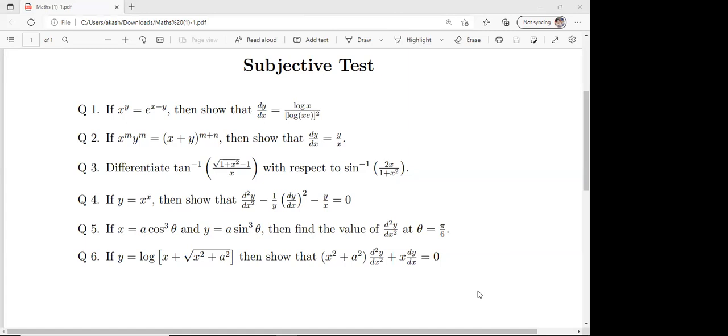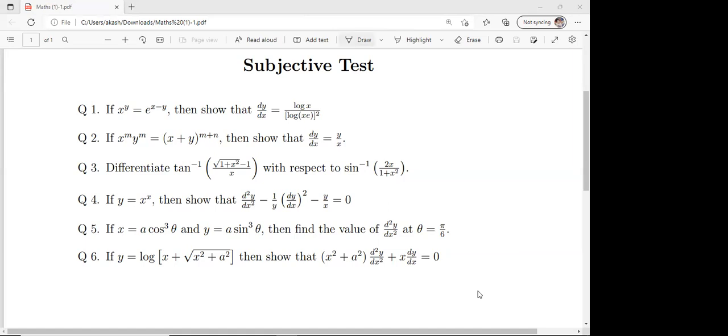This is a question of differentiation, all right, continuity and differentiability chapter. You guys can see the question paper? Yes, sir.